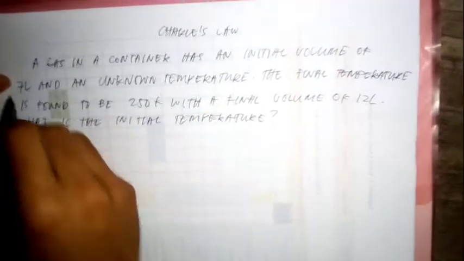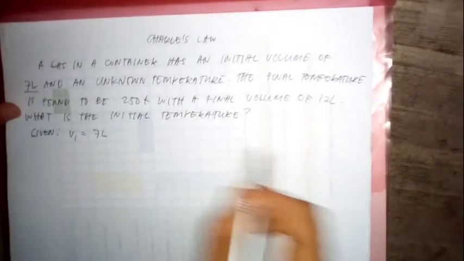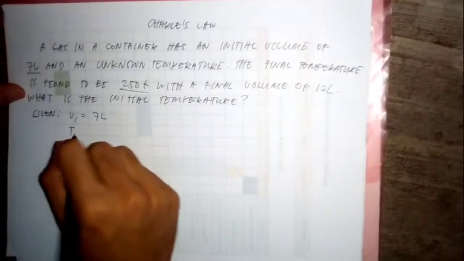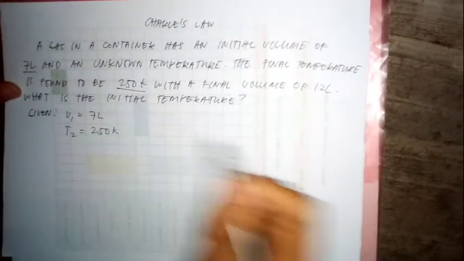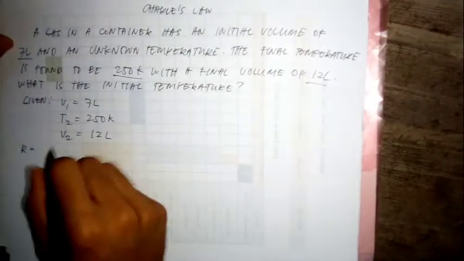So first, identify the given. Given are 7 liters for the initial volume, second, 250 Kelvin for the final temperature, then 12 liters for the final volume. So the required is the initial temperature. The formula is initial volume over initial temperature is equal to final volume over final temperature.